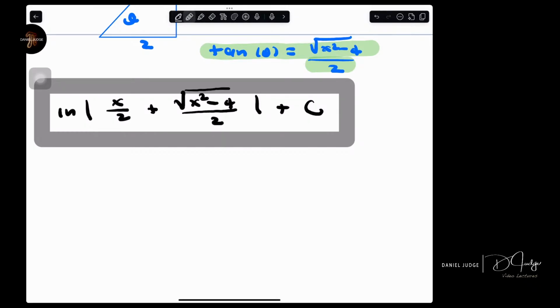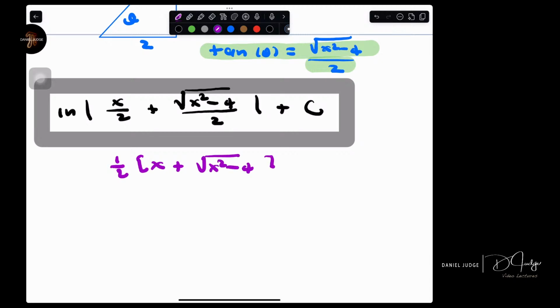Now, if you're looking back at the book, you might see that they get rid of that constant by using that algebra we talked about earlier. You can factor out the 1/2: x plus the square root of x squared minus 4. Don't forget, this is absolute value. Absolute value of a product is product of absolute values.